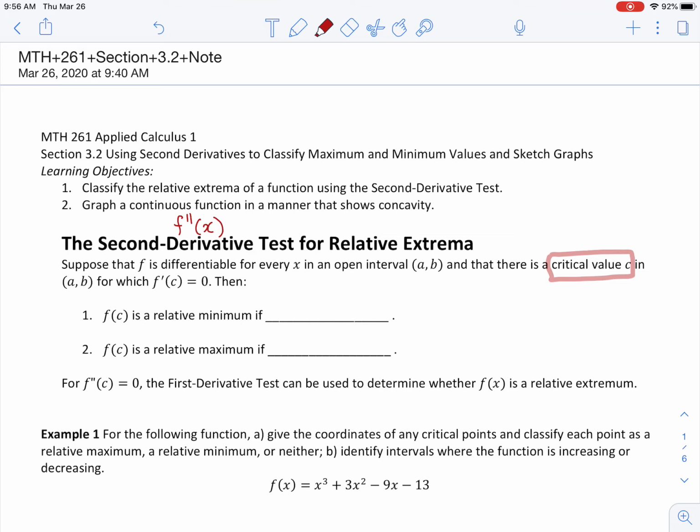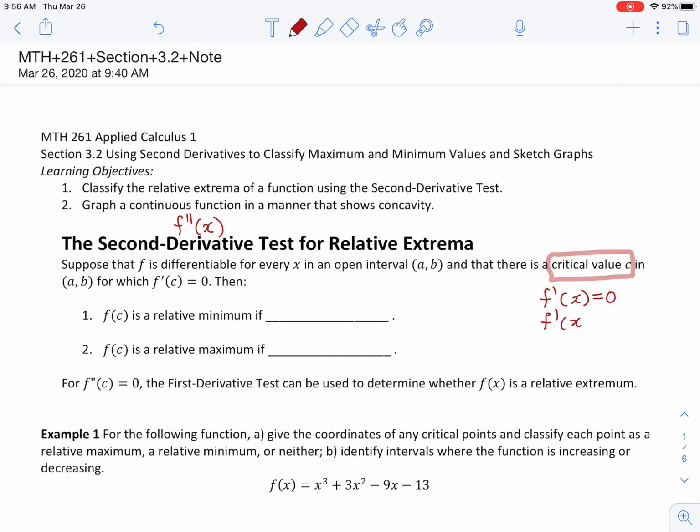So let's read this. Suppose that f is differentiable for every x in an open interval and that there is a critical value C. A quick reminder, how do we find critical value C? Well, you first have to find the first derivative, and you're going to set it equal to 0, right?